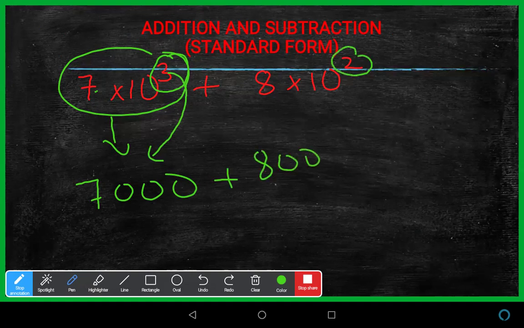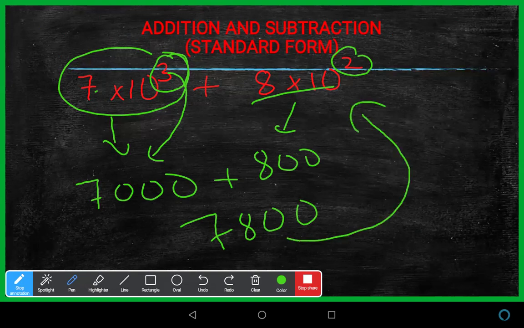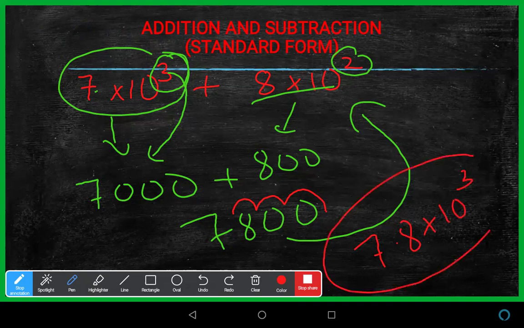First, what I did, I converted the standard form into ordinary form. Now I will add them. It will become 7,800. Now I will convert this into standard form because I have to give the answer in standard form. When there is no decimal point, we know that the decimal point is at the end. So 1, 2, 3. It will take 3 steps. So 7.8 multiplied by 10 raised to the power 3 will be the final answer.